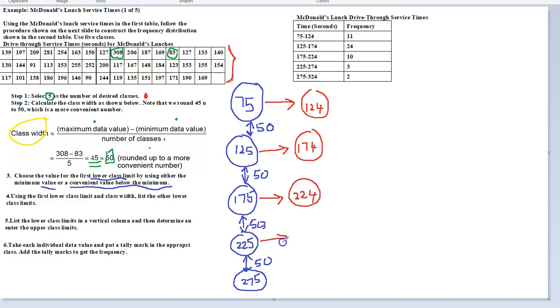Same thing over here, 225 to 275, so the upper limit on this class has to be 274. And the last one is going to be 275 to 308. But as you can see, if I add 50 to 275, you get 325. That would be the next class's lower limit if you had 6 classes, so one less than that should be 324.